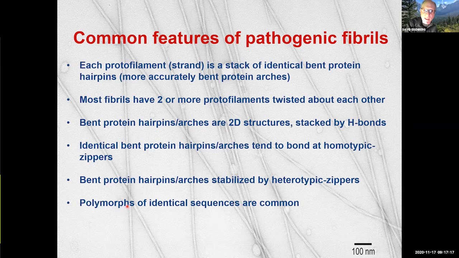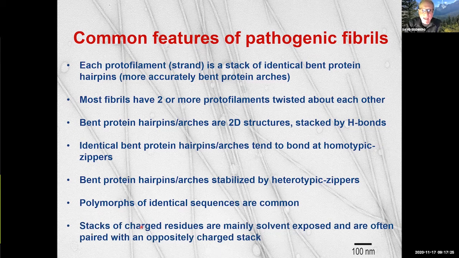A common theme is that there are multiple polymorphs, so the same sequence folds in different ways. And that's true in almost every case. And then there are stacks of charged residues, which are mainly solvent exposed. They're not in the interior, which would be destabilizing. They're outside the fibers and compensated by water and paired with oppositely charged stacks.